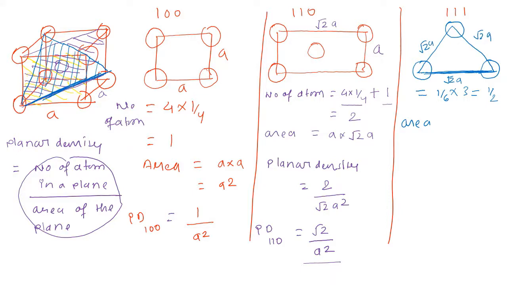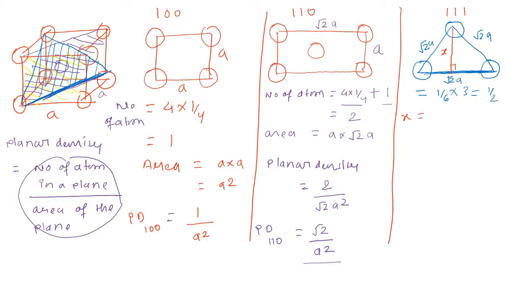So now we want to put into the formula. If you know the equilateral triangle area formula, then you can directly put it in. Otherwise, what you can do is just put a perpendicular here and calculate this x value. Firstly, we will calculate the x value, and then we can use the triangle formula.